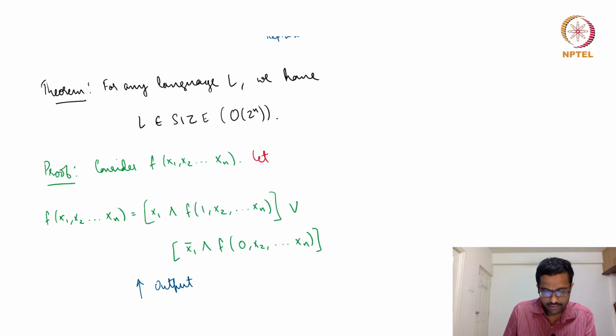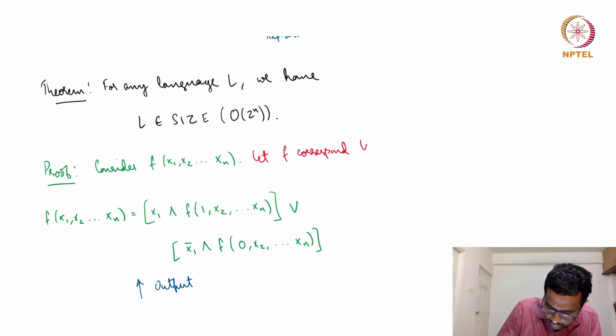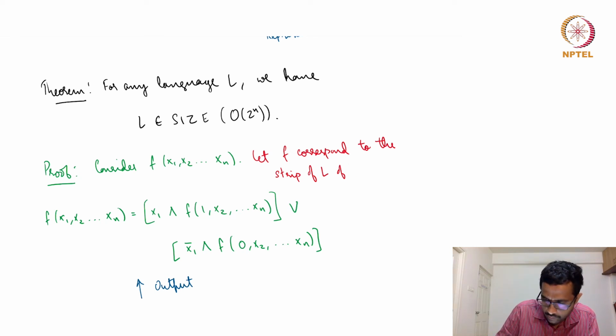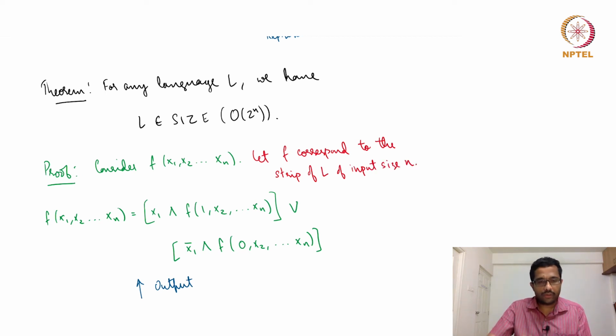So consider any function f that corresponds to the strip of L of input size n. L is an arbitrary language, so f is an arbitrary function, and f corresponds to the strip of length n.